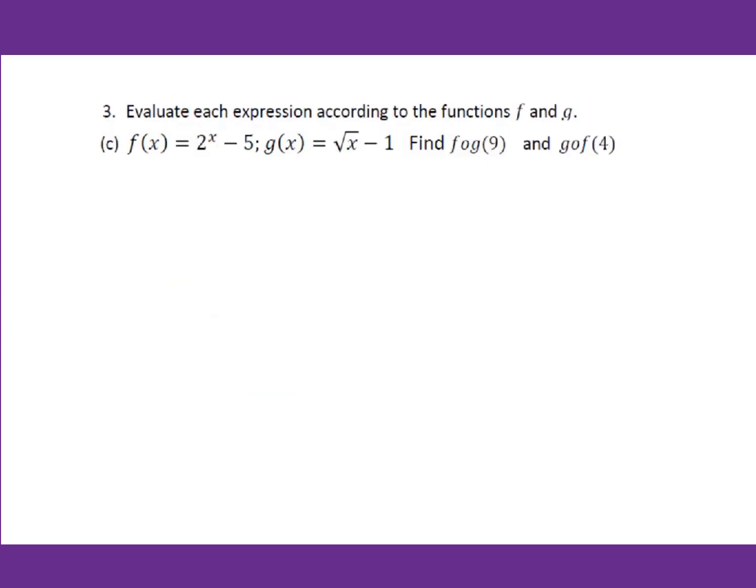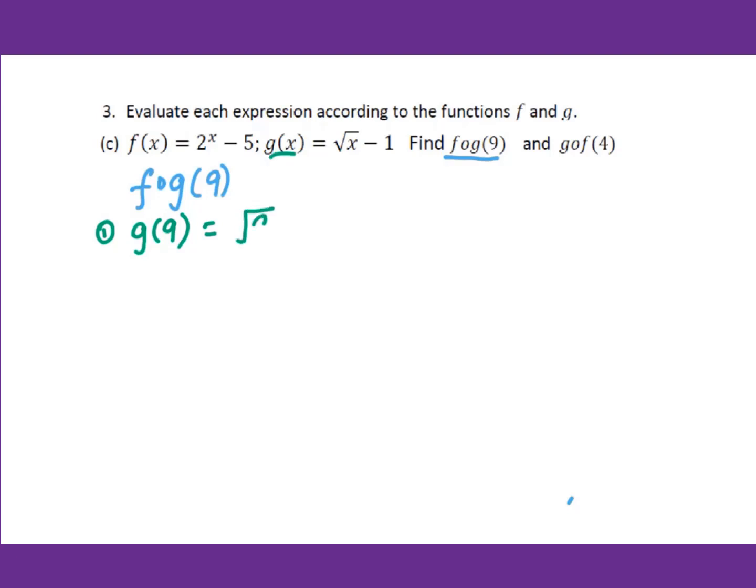Now let's go to number 3. Evaluate each expression according to the functions f and g. We're working on f of g of 9. Remember inside first, so we're working on g of 9 first. g of 9 means you substitute all x with 9, or you just say plug 9 into the g function.